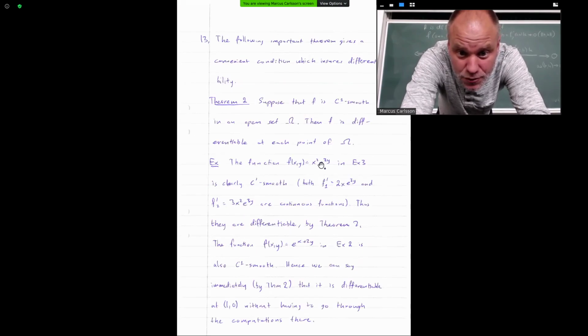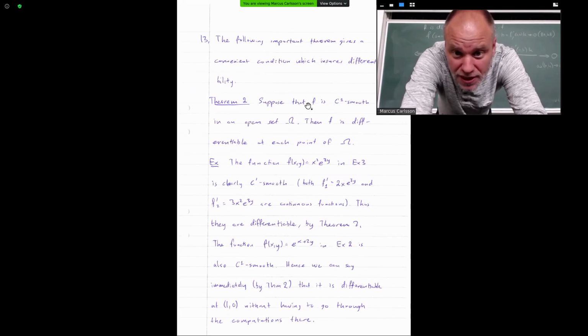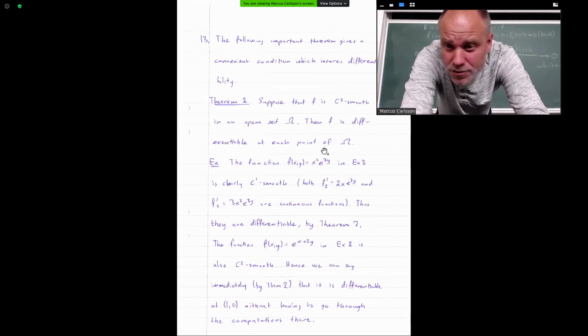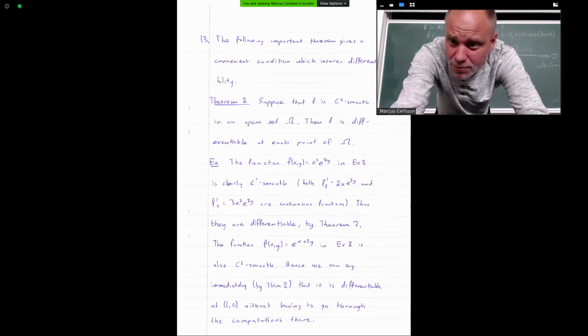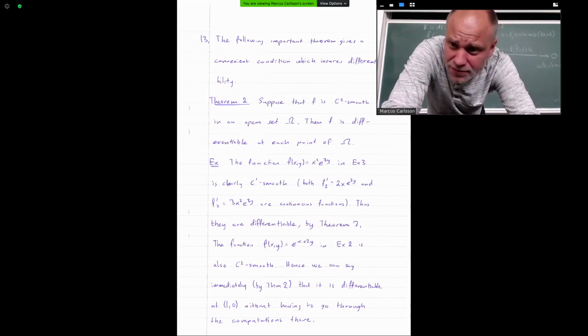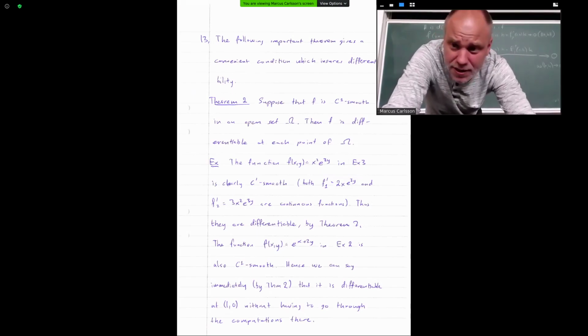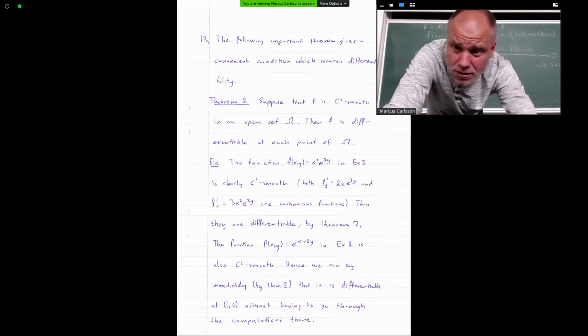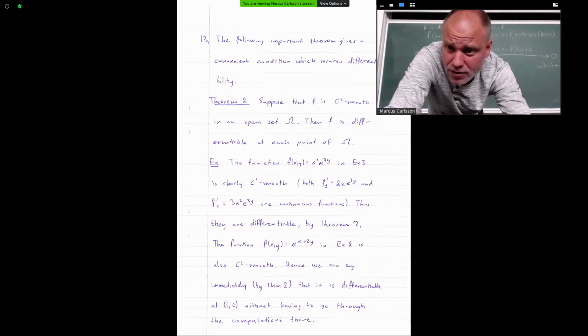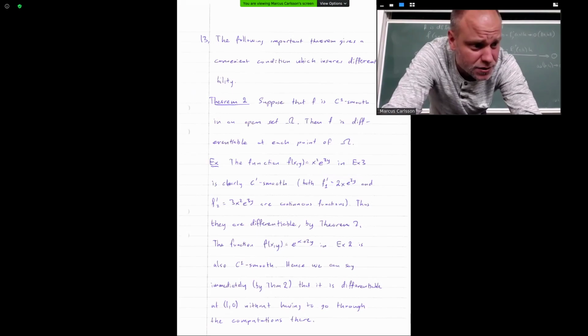So what about this theorem now? Suppose that f is C1 smooth in an open set, then f is differentiable at each point of omega. So that means that all these functions we looked at in the previous examples were automatically differentiable. You don't need to check that, because you just check that the partial derivatives exist and that those are continuous functions, which, since the previous lectures, we know almost all functions we get are anyway, so it's not a difficult thing to satisfy.